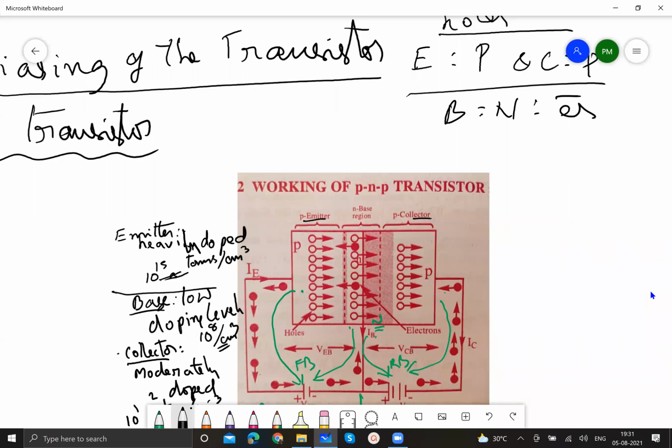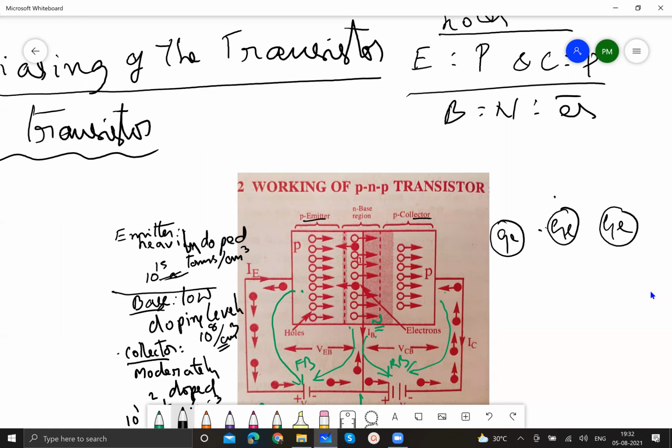Plus this forward bias voltage will also give some energy to the electrons in covalent bonding. Other day I explained to you by diagrams. This is germanium, germanium, germanium atoms. These are all the germanium atoms in the pure semiconducting crystal.